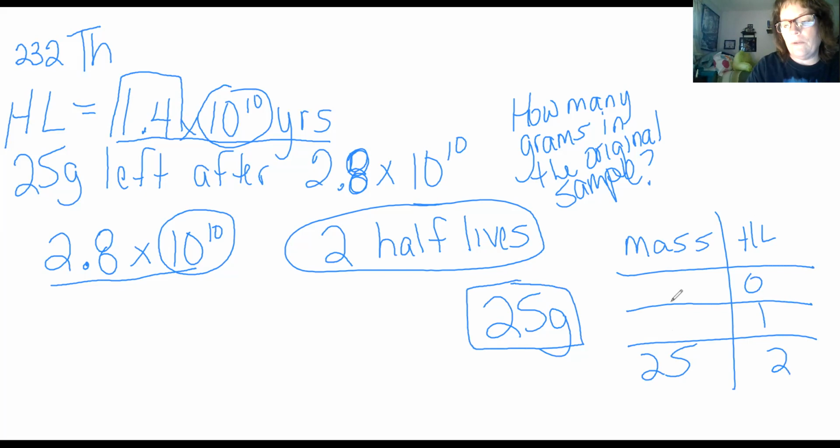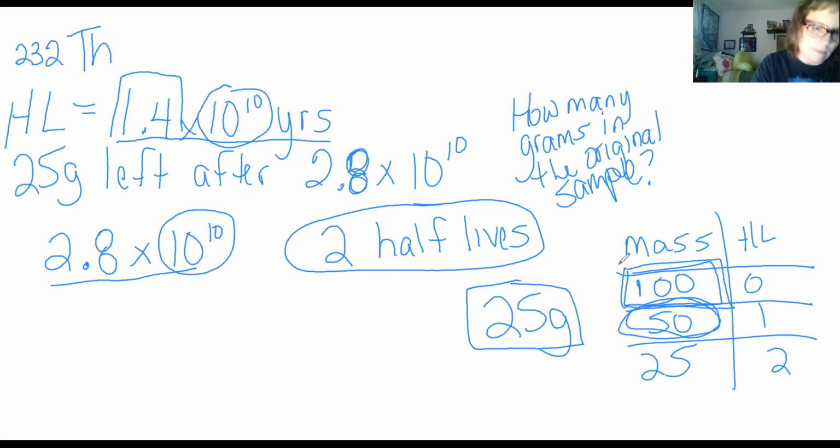What did you have to have that went in half to make 25? It was 50. And what did we have to start with to get to 50? Well, it was 100. 100 divided by 2 is 50, 50 divided by 2 is 25. So our original sample was 100 grams.